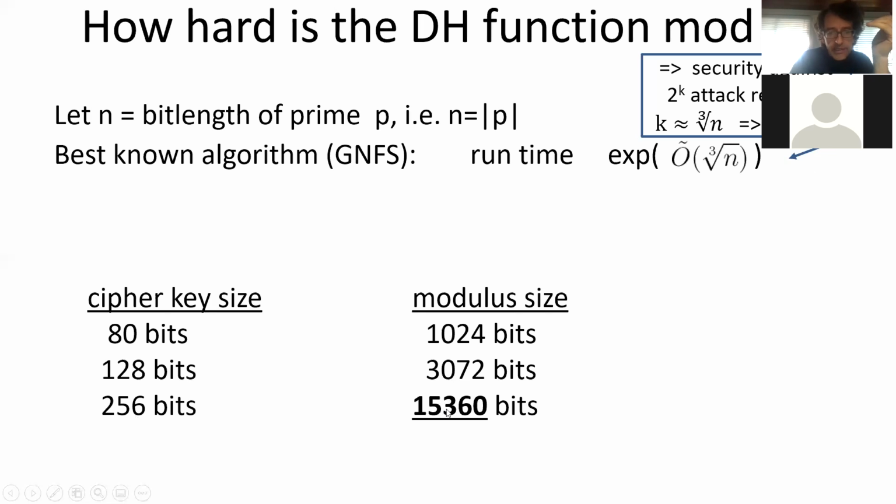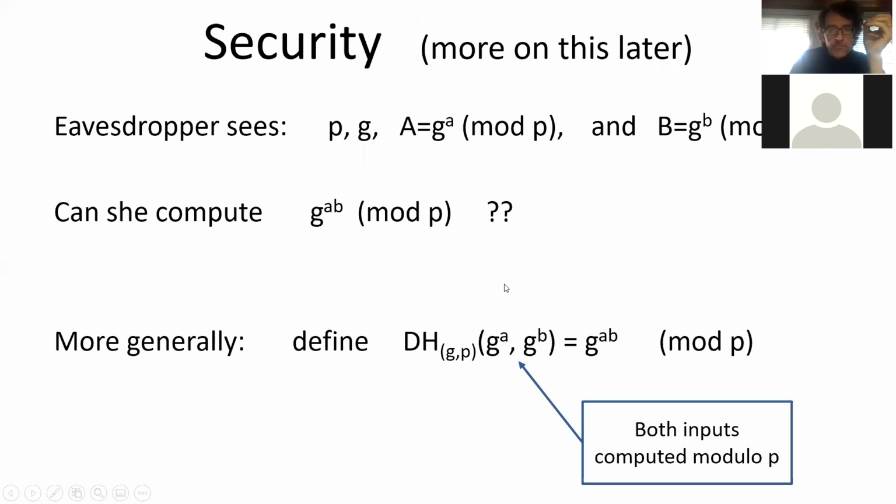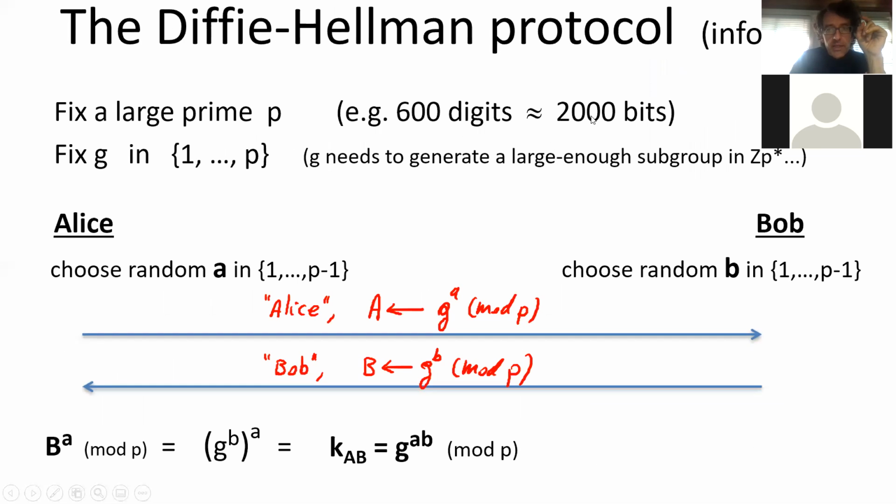This is not great, because even when I said that the time of modular exponentiation is polynomial in the length, I actually said that it's linear in the length.